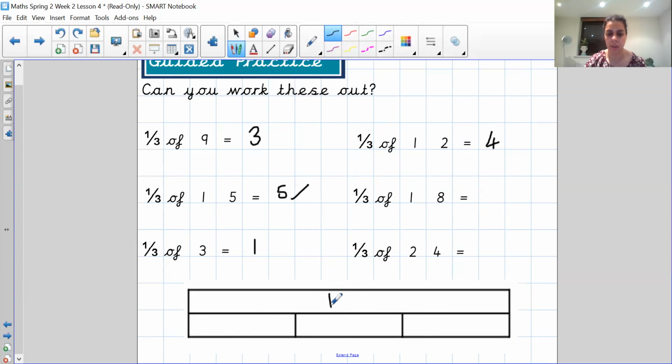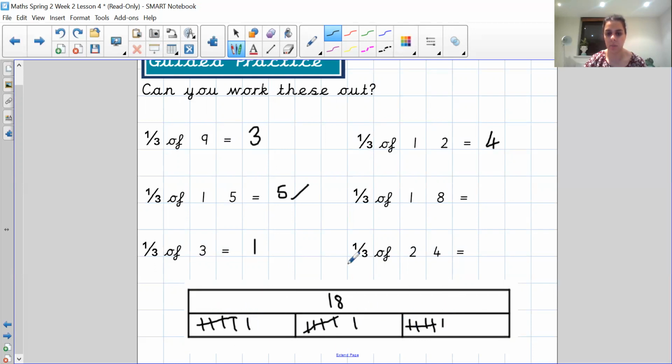So 18 is going to go here. Split 18. 1, 2, 3, 4, 5, 6, 7, 8, 9, 10, 11, 12, 13, 14, 15, 16, 17, 18.